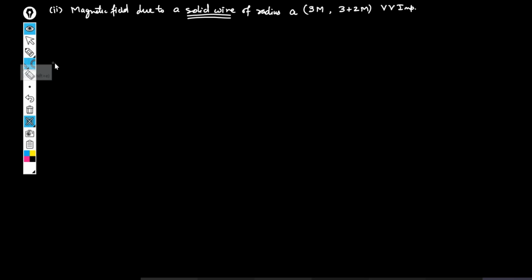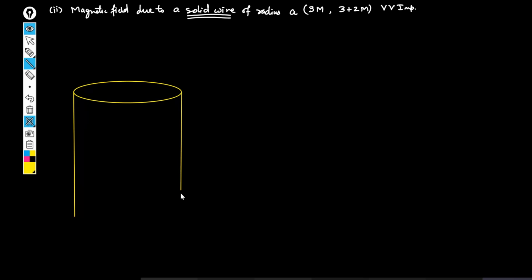Now let's say a solid wire is there, and it is a long wire. Remember that it is not for a finite length wire. It is for a long wire.